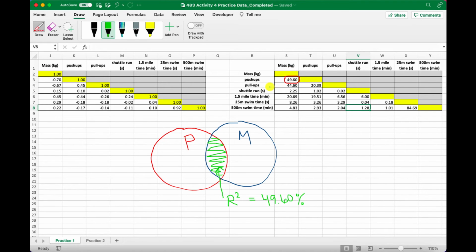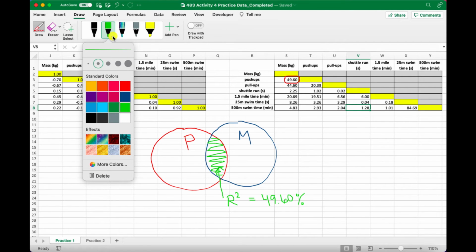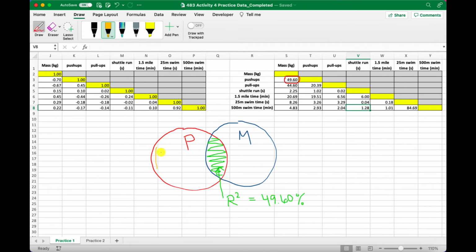If we were looking for the coefficient of non-determination, that's 1 minus r squared, and basically that would be anything that has not overlapped between our two variables in our Venn diagram. So anything that's not green, basically. Okay, and that area would be represented by 1 minus r squared.